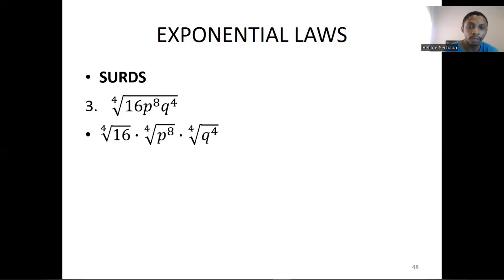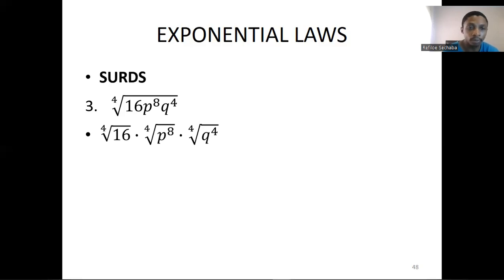The fourth root of 16 will be 2. What about the fourth root of p to the exponent of 8? It will be p to the exponent of 2. How did I get the exponent 2? 8 divided by 4. What about q? It'll simply be q to the exponent of 1.